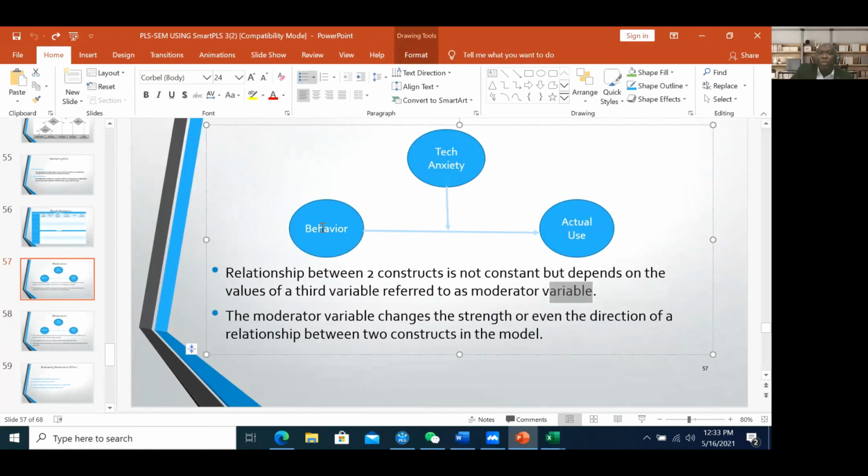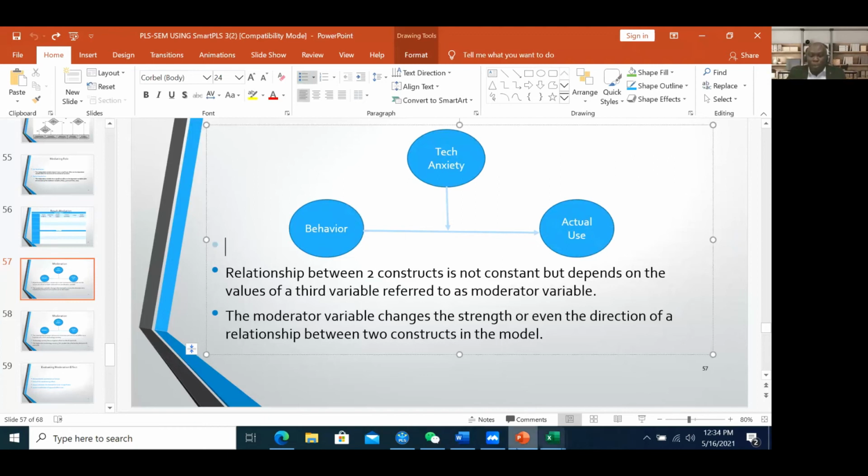For instance, if the relationship between behavioral intention and actual use is not constant, but technology anxiety plays a role in whether or not this relationship is significant, then we have what we call a moderation. The moderator variable changes the strength or even the direction of the relationship between the two constructs. So even the path could change.